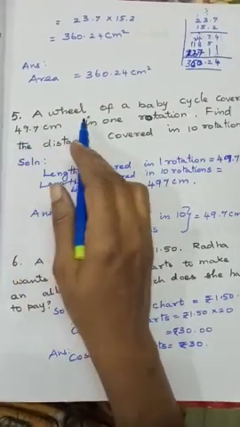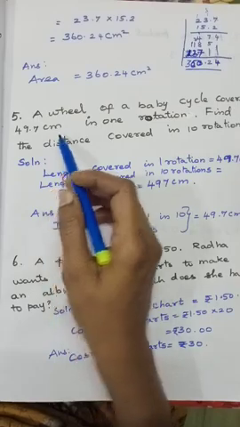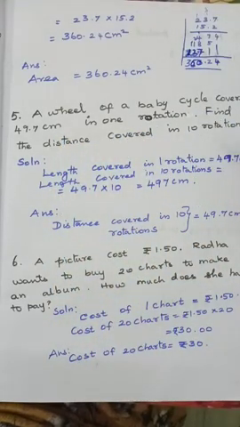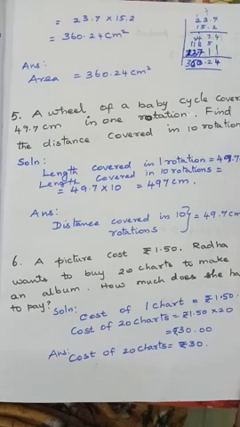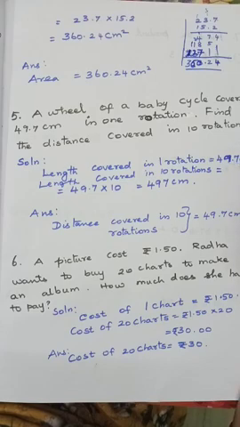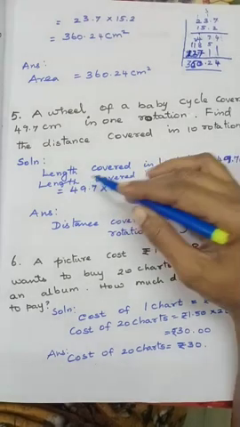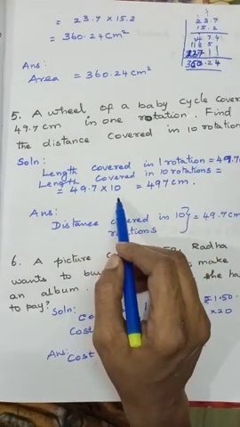Fifth problem. A wheel of a baby cycle covers 49.7 centimeter in one rotation. Find the distance covered in 10 rotations. Okay. Length covered in one rotation is 49.7 centimeter. Length covered in 10 rotations is 49.7 into 10.